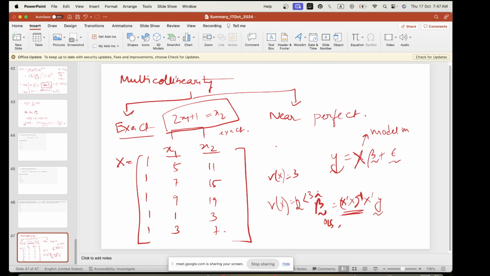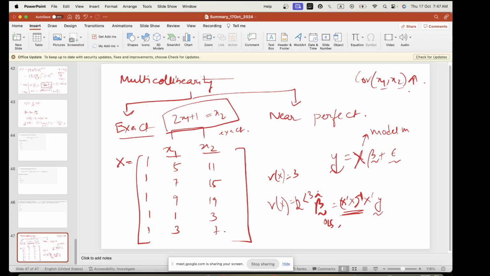But usually we don't have this exact relationship, but we have something such that the correlation between x1 and x2 is very high. Correlation is a measure of linear relationship between x1 and x2.